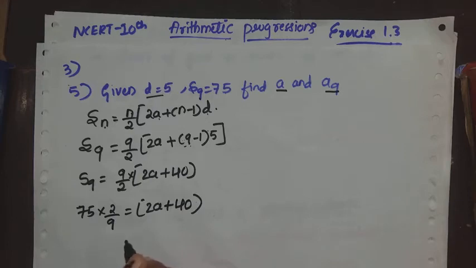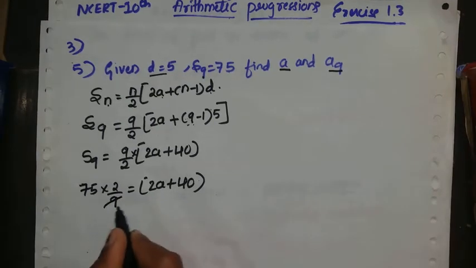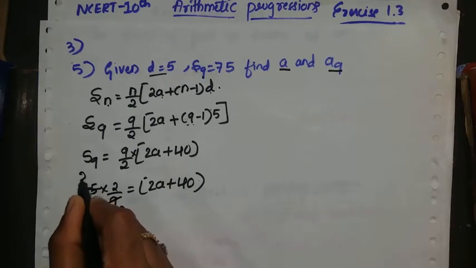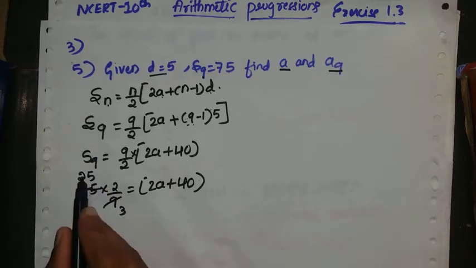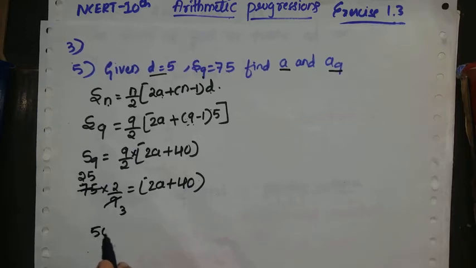This can be written as 75 into 2, which is 150. Dividing by 3, 3 twos are 6, 3 fives are 15, so 25 twos are 50 equals to 2a plus 40 into 3.